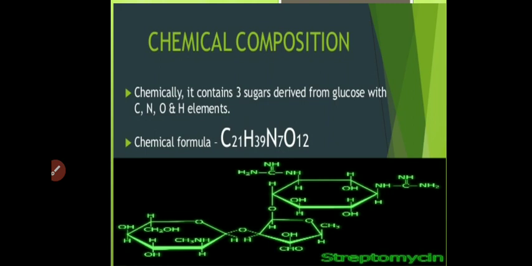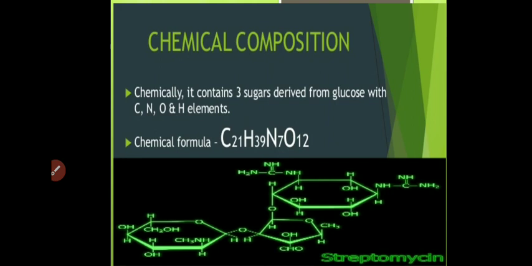If we study the chemical composition of streptomycin, here you can see the structure of streptomycin in detail. It basically contains three types of sugars, three sugars derived from glucose, with carbon, nitrogen, oxygen, and hydrogen elements.